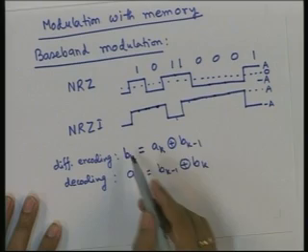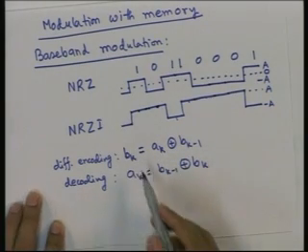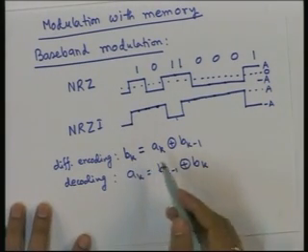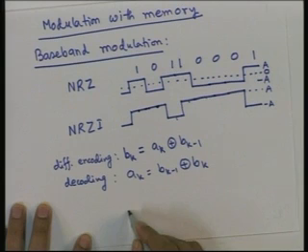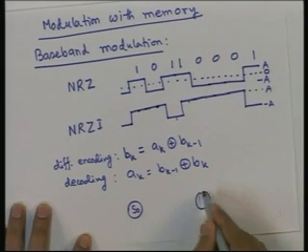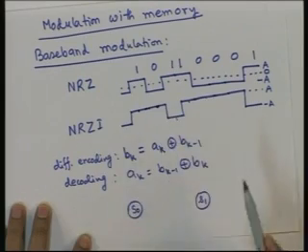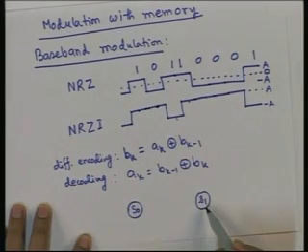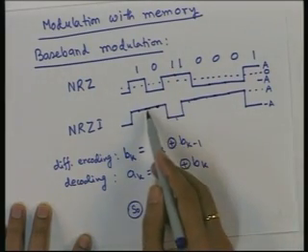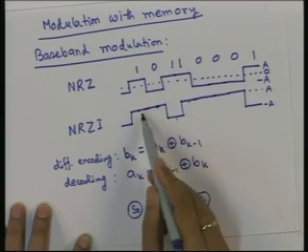And this encoding can be expressed in terms of a state diagram in a very simple manner. Say the encoder has two states, S0 and S1. S0 denotes that the 0 level was transmitted, and S1 denotes the 1 level.